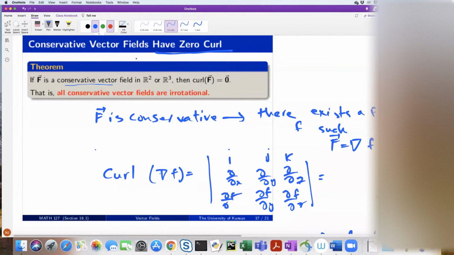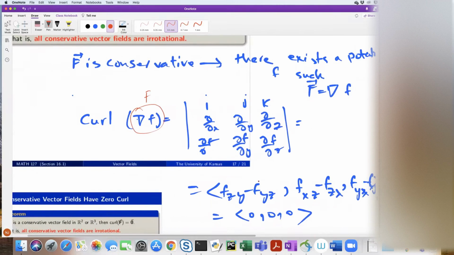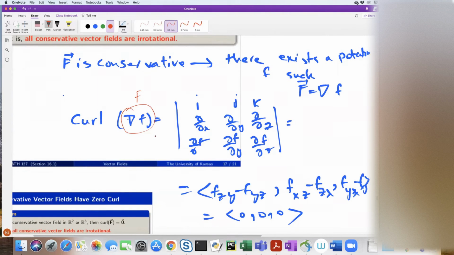Then F is equal to the gradient of some scalar function, right? And then we showed that the curl of the gradient of little f is going to be a zero vector. Again, it has something to do with f having all these derivatives and those derivatives being continuous, right? Because we're going to use Clairaut's theorem.